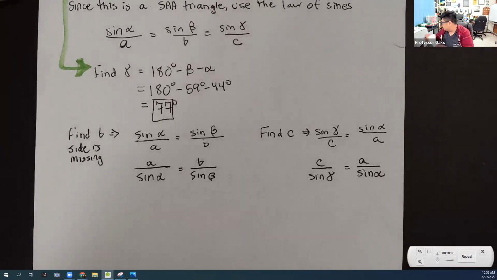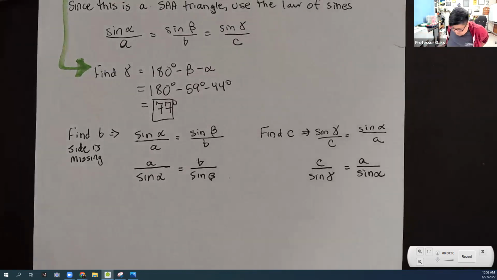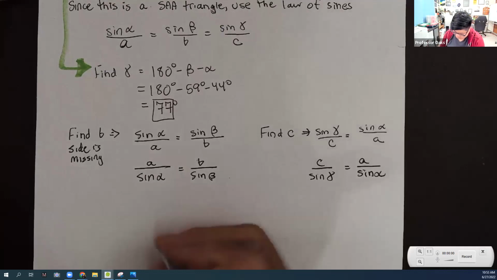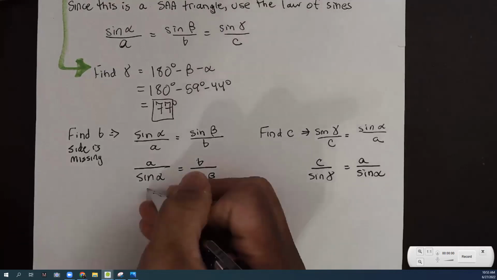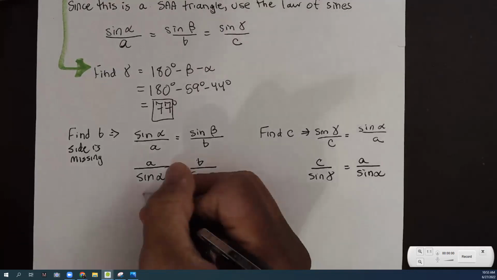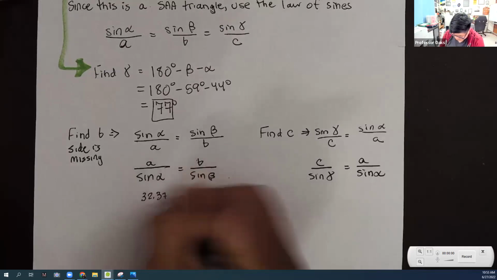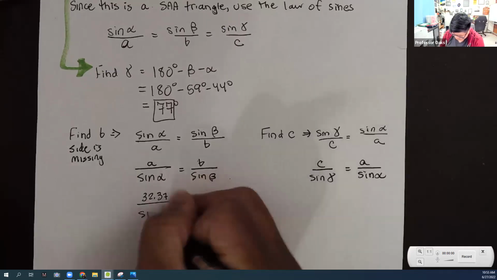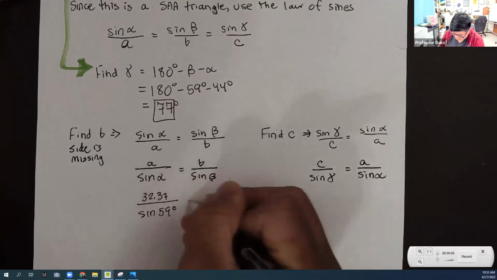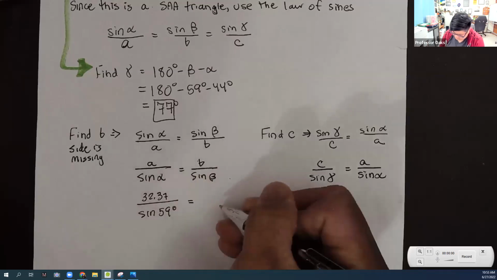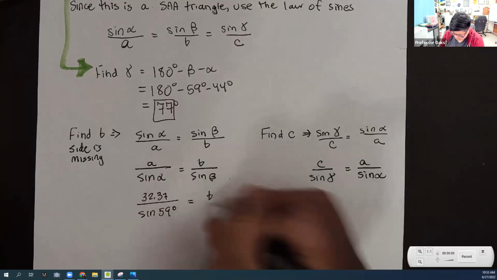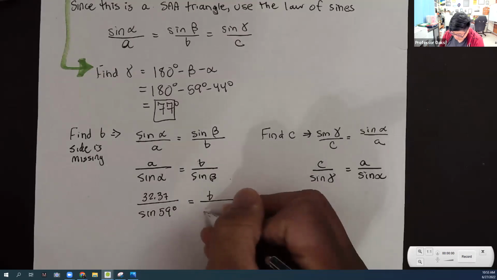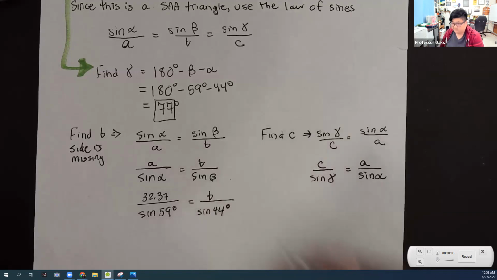So in this case, you have A, 32.37, over sine of alpha, which is 59 degrees, and then B, which you're trying to find, over sine of beta, which is sine of 44 degrees.